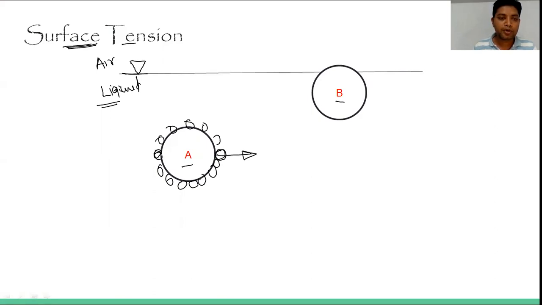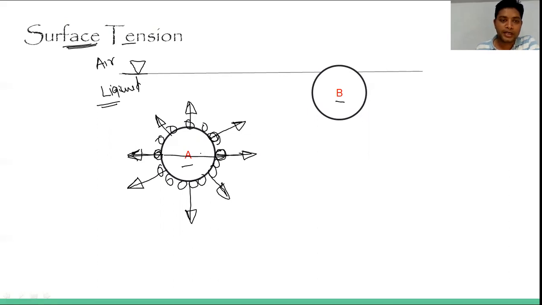Similarly, the molecule on the left side will pull it to that side. Similarly, the particle over here will pull in this direction, and the particle in this direction will pull in that direction. So this is basically the phenomenon. This A molecule is completely surrounded by a number of molecules. If you compare this direction, one is pulling in the right direction and the other in the left direction, so the force is eliminated.